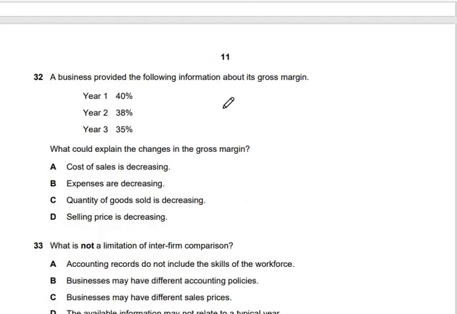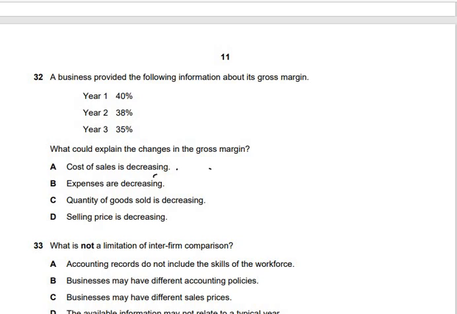Number 32. A business provides the following information about the gross profit. What could explain the changes in the gross profit? Cost of sales is decreasing? No, because if the cost of sales is decreasing, actually we could have a profit increasing.